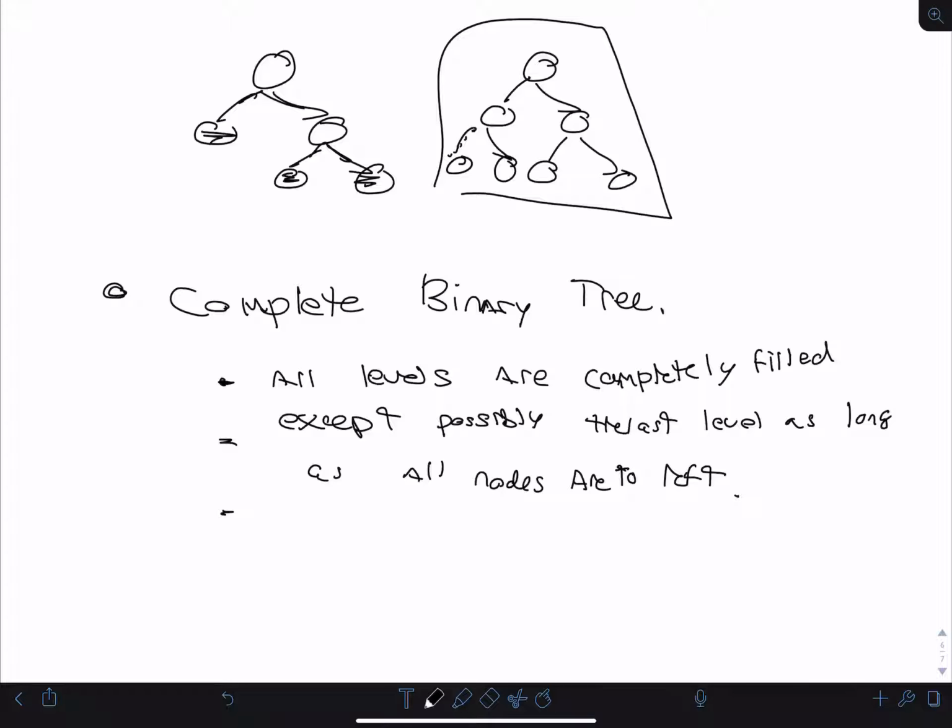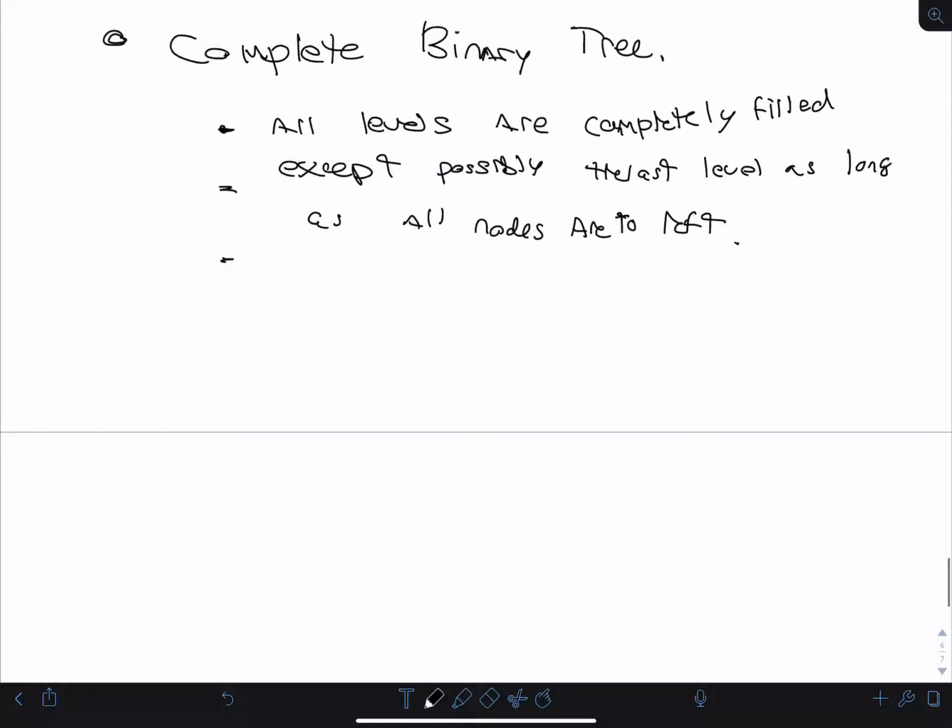Okay? So this is not only a full binary tree, but it's also a complete binary tree. This is also a full and complete binary tree. However, this is where they diverge. Is this a full binary tree?